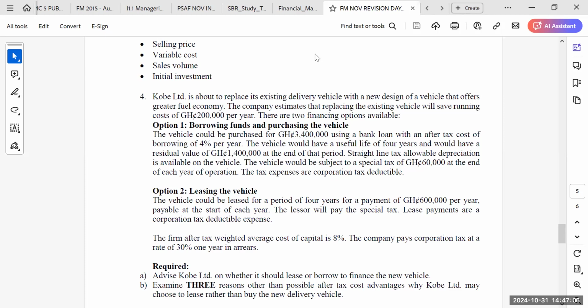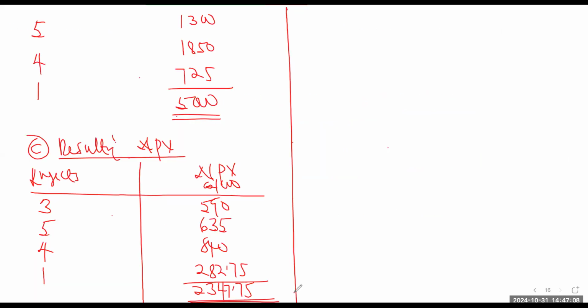Okay, so let's come to the cost of buying. So we have the buying option. We have our statement here, the buying option, with the years over here. We have year 0.